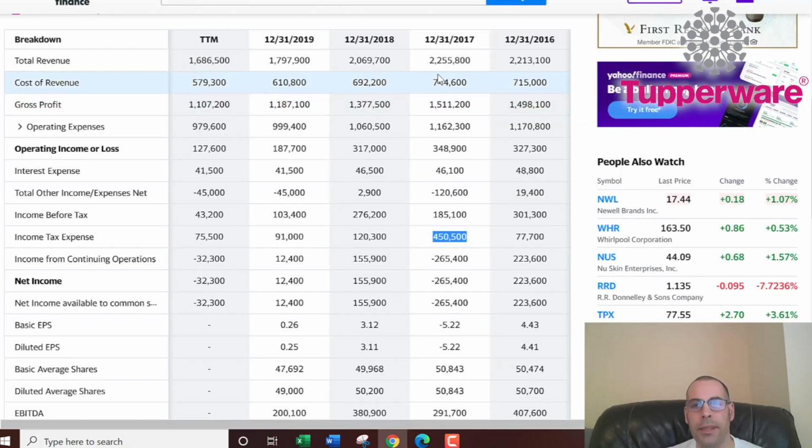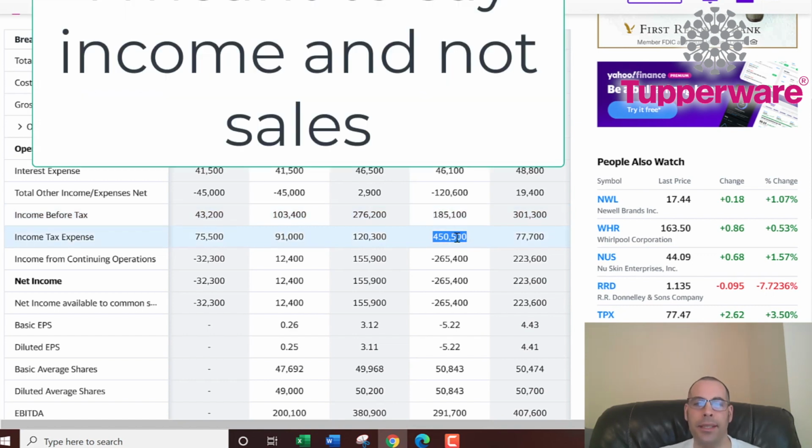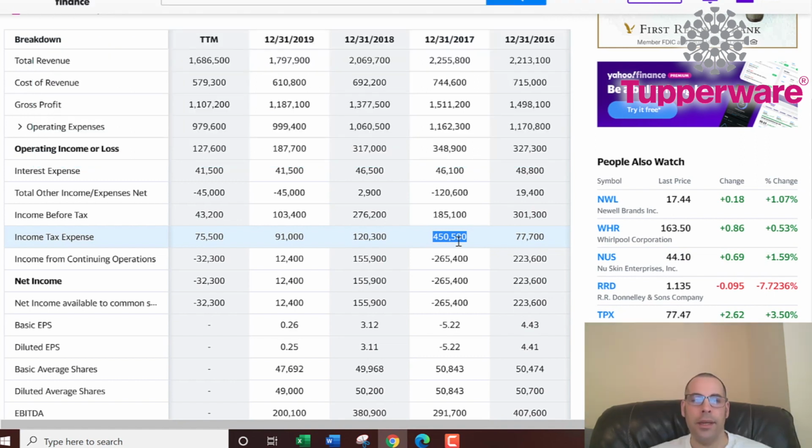If you look on the income statement in 2017, they paid income tax of $450 million, and they only had sales of $185 million. It doesn't seem to make sense that you would pay more in taxes than in sales, but the income statement uses accrual accounting. So the income tax it's paying in 2017 could be something from a few years ago. That's why the income statement is sometimes hard to look at.